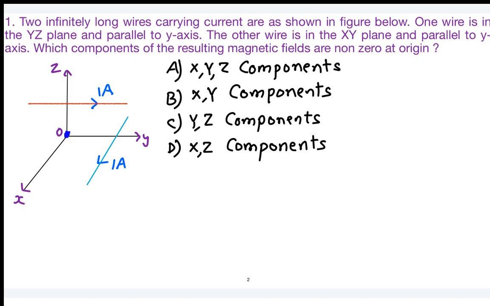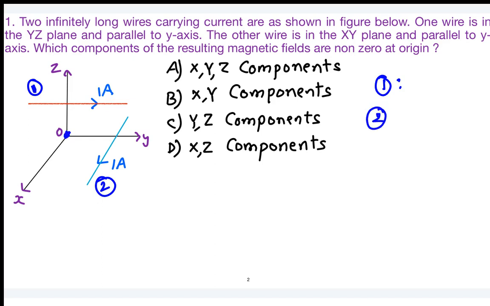So you have to define the direction of the magnetic field here. My suggestion is, all of you start with the Fleming right hand rule and tell me the answer. Let me say this is the first element and this is your second element. Apply the right hand rule and tell me, because of current element 1, what will be the magnetic field direction here?